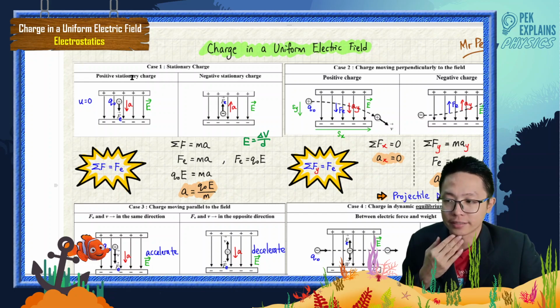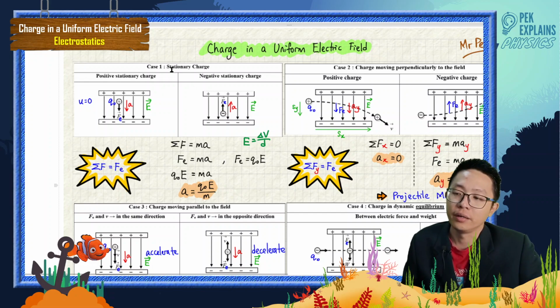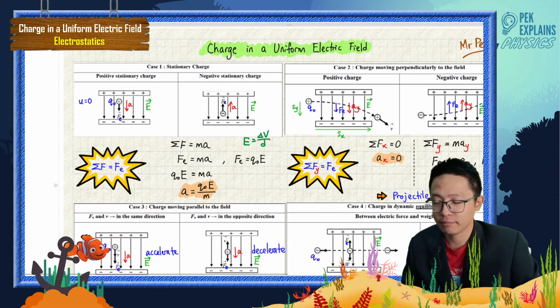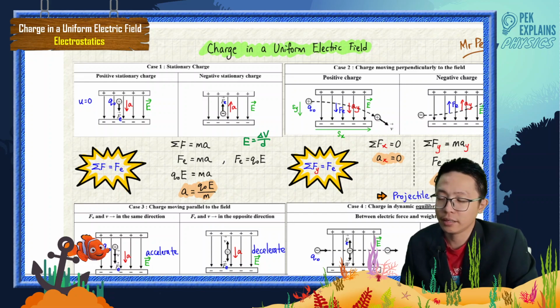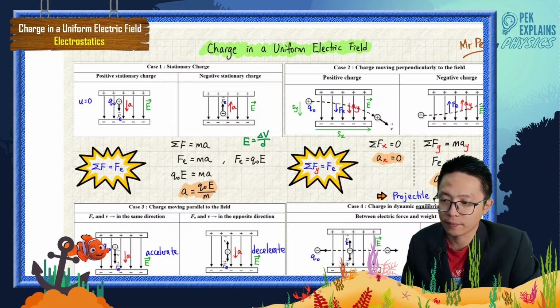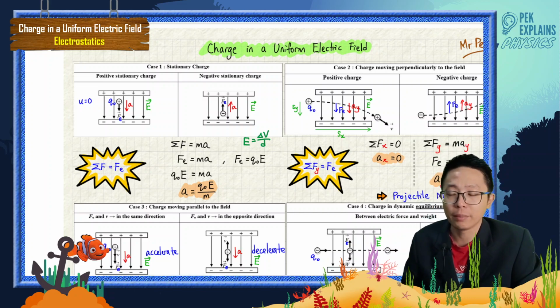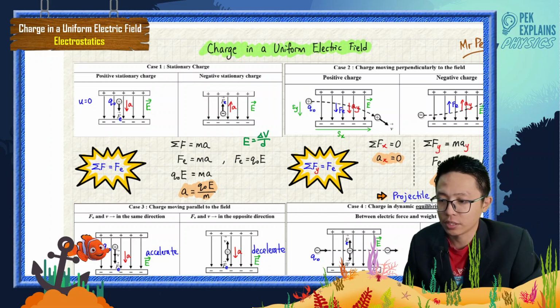And because it is stationary, the first case is about a stationary charge, so the initial velocity is zero. Later, the question will require you to calculate. For example, maybe the question will ask you to apply the kinematic equations, maybe to find the final velocity.